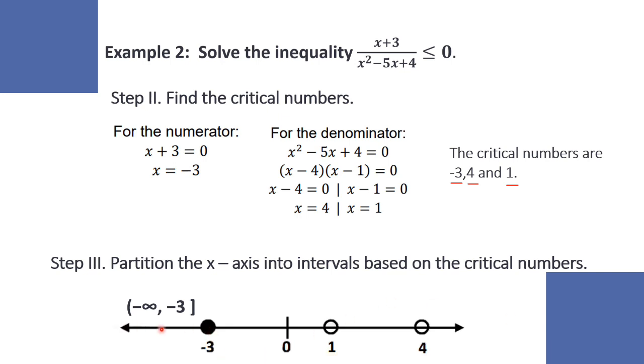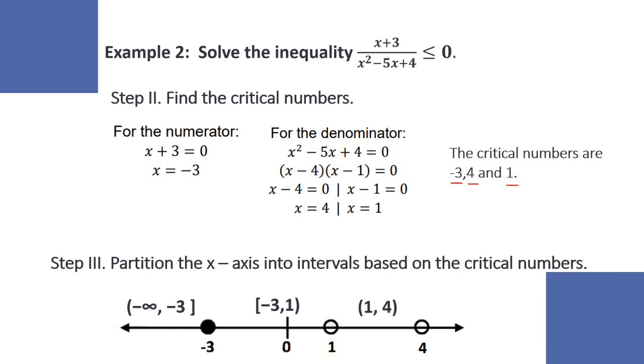We use a bracket here because this is shaded to negative infinity, with a parenthesis. Then from negative 3 to 1, we use a bracket at negative 3 because it is included in the solution set, and 1 here is a parenthesis because 1 is not included in the solution set.